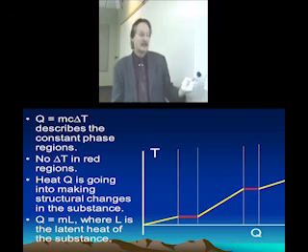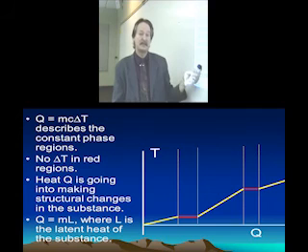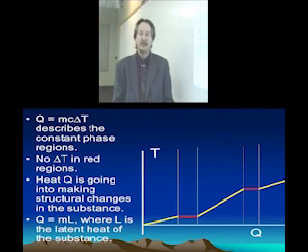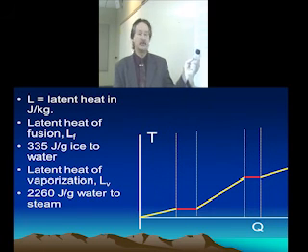For the amounts of heat at the transition points between solid, liquid, and gas, we're going to use Q equals m times L, where again, L is the latent heat of fusion or vaporization. Here we have the latent heat of fusion for water, stated at 335 joules per gram. And the latent heat of vaporization is 2,260 joules per gram.